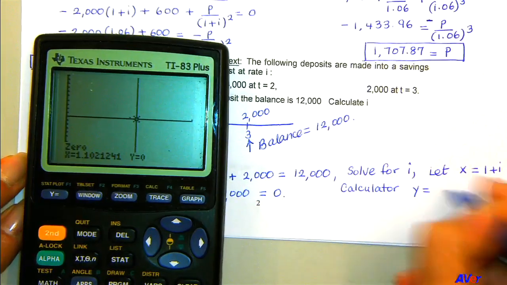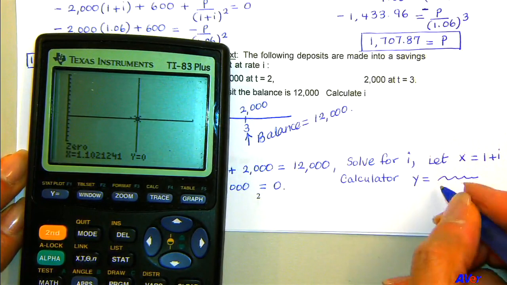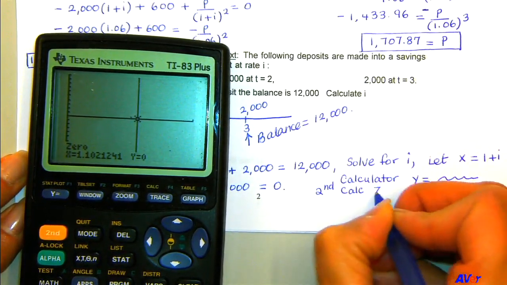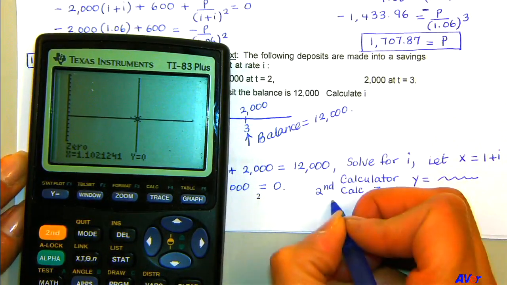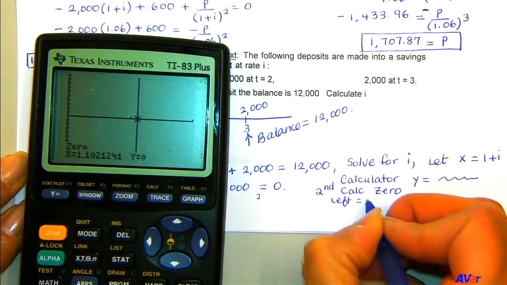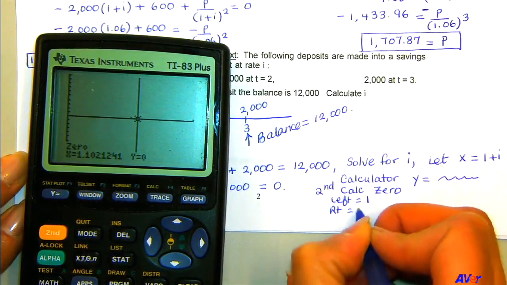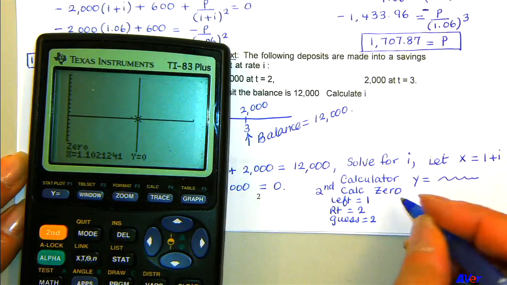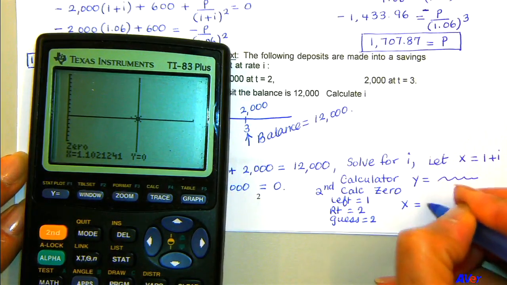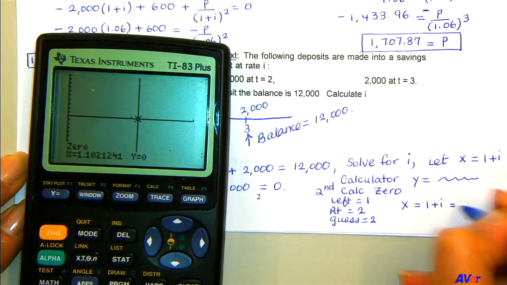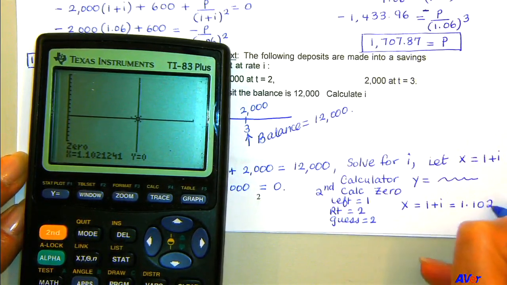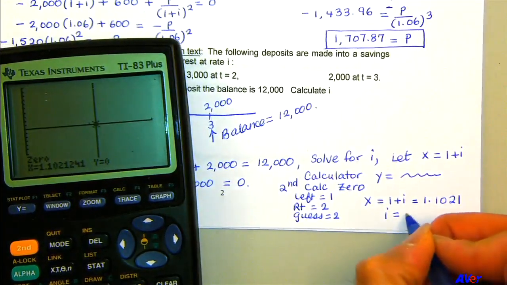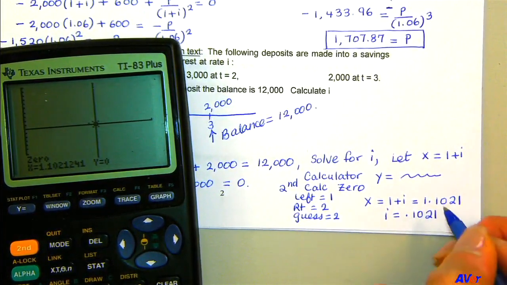Calculator, y equals, put in the equation, and second, calc 0, where the left bound is 1 and the right bound was 2 and the guess was 2, and it gave me a 0. X equals 1 plus I, in my case, is equal to 1.1021. So my I is 0.1021.